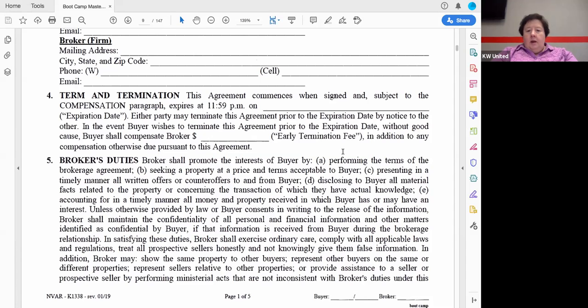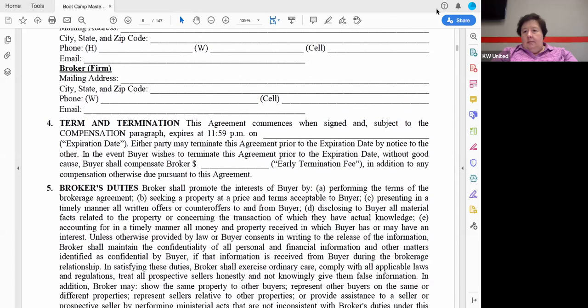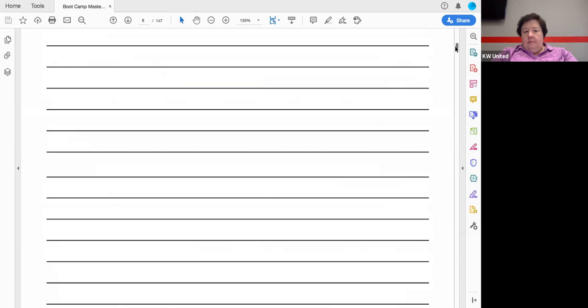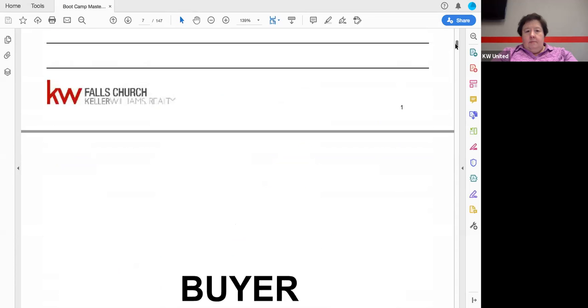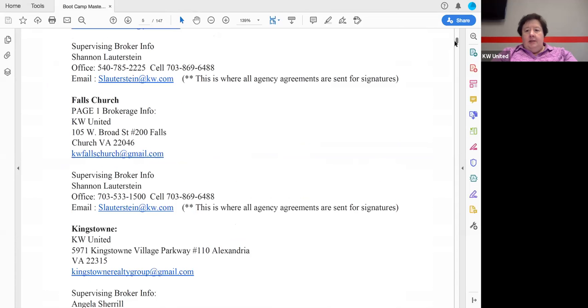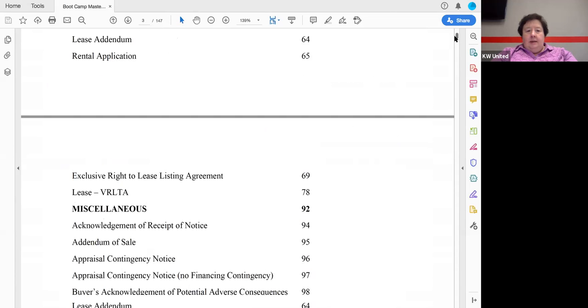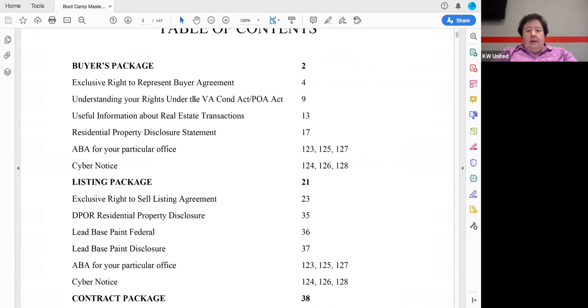Okay, all right. So let's go back to the table of contents, so we can talk about these other documents that are required to use.